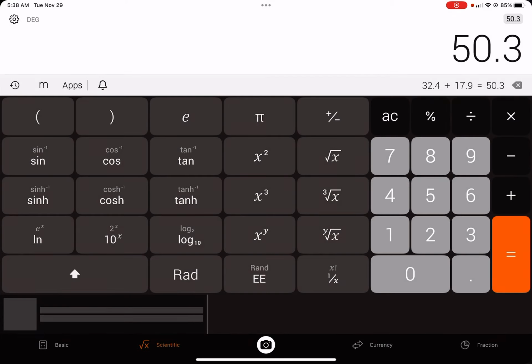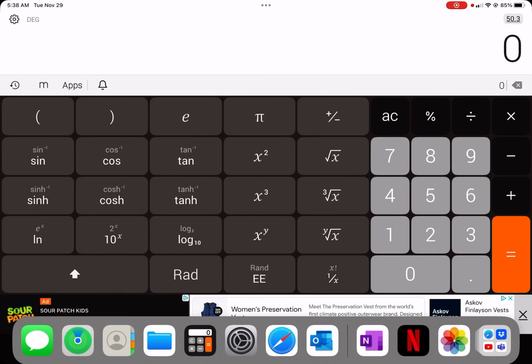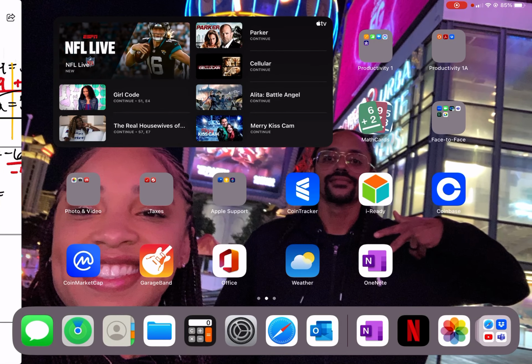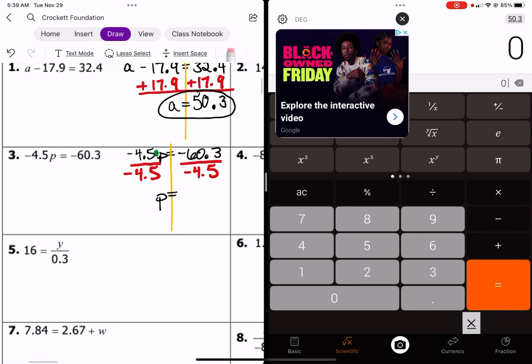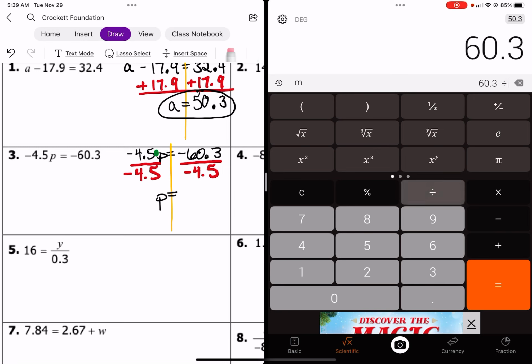Now I'm going to go back to the calculator, and let's clear everything out. Let's do this. Split view with the calculator. All right. So what we're dividing is 60.3 divided by 4.5.